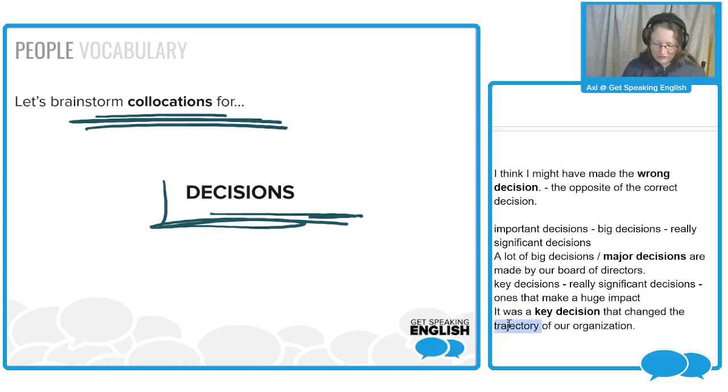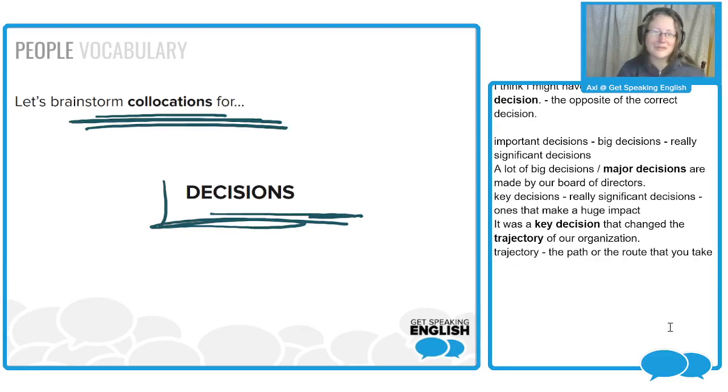So we talk about the trajectory here. This is also a really kind of fancy word, but the trajectory, basically the path that we took. So the path or the route that you take. Yeah, because it was a very important decision.